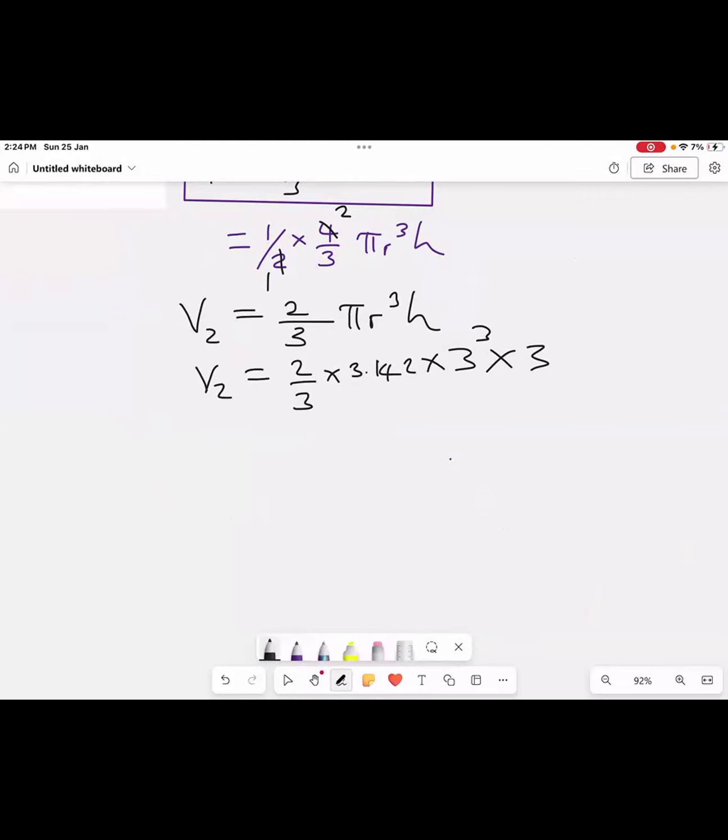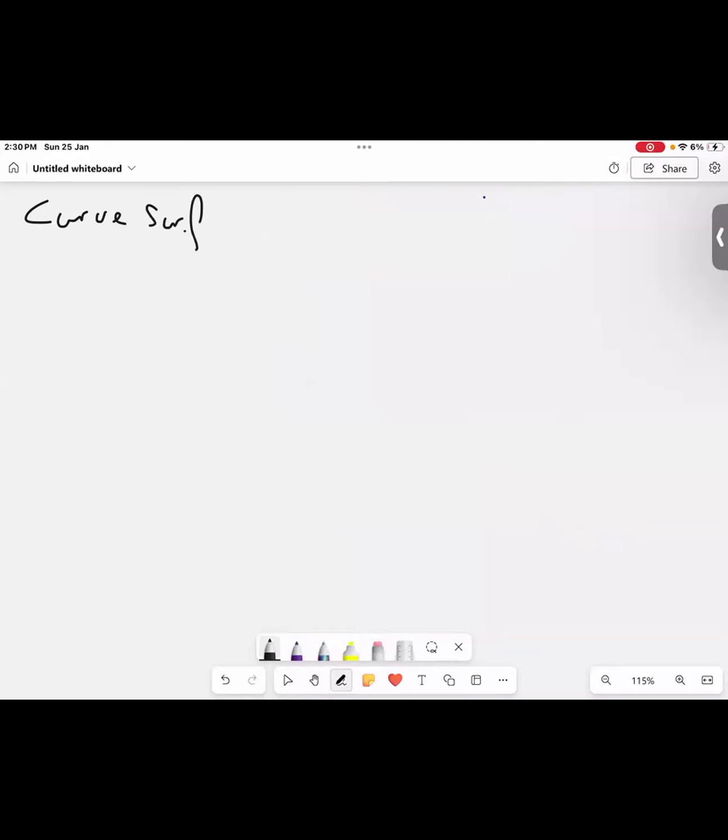So remember now, guys, we are finding two shapes. We have a hemisphere at the top and a cylinder at the bottom. Every time you're doing the calculations, you will need to do them separately. So first we need to find the curved surface area of the cylinder.